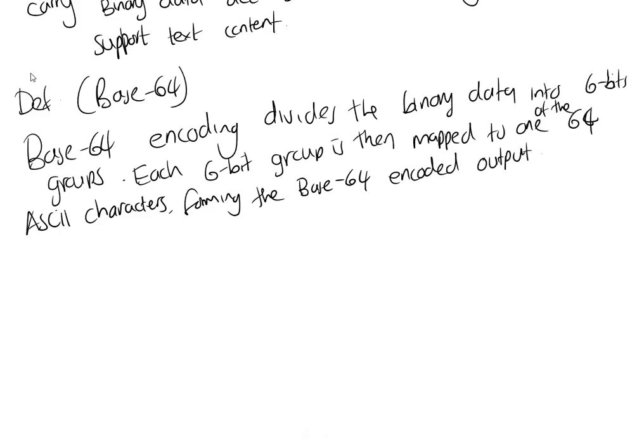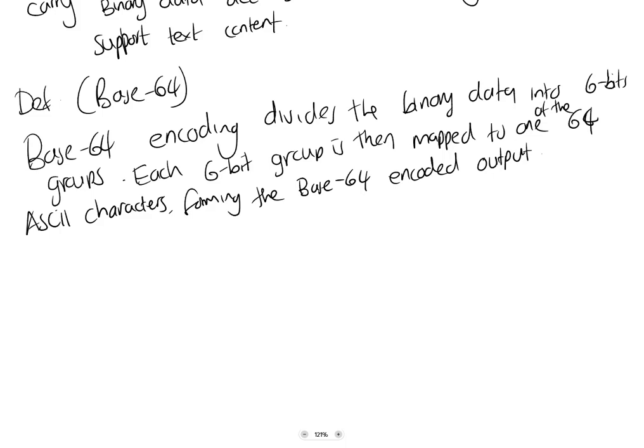Let me read this to make sure it makes sense. Base 64 encoding divides the binary data into 6-bit groups. That's correct. Each 6-bit group is then mapped to one of the 64 ASCII characters, forming the base 64 encoded output. That's really great.